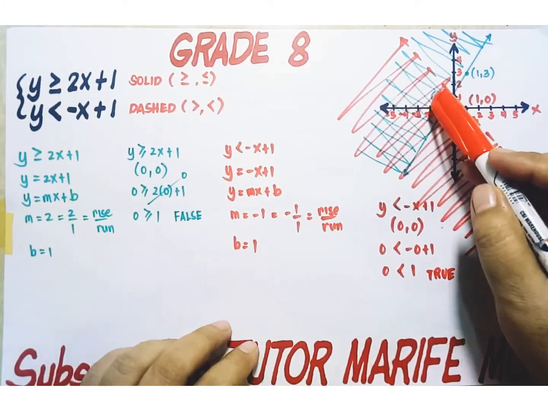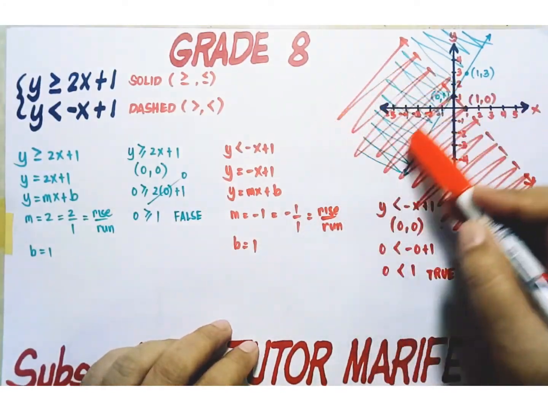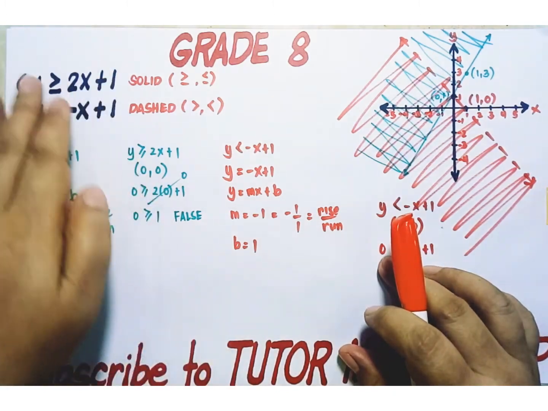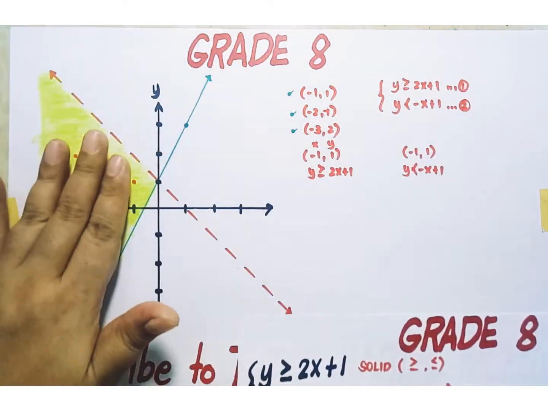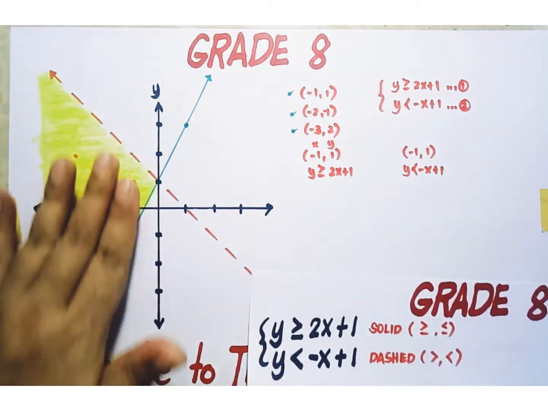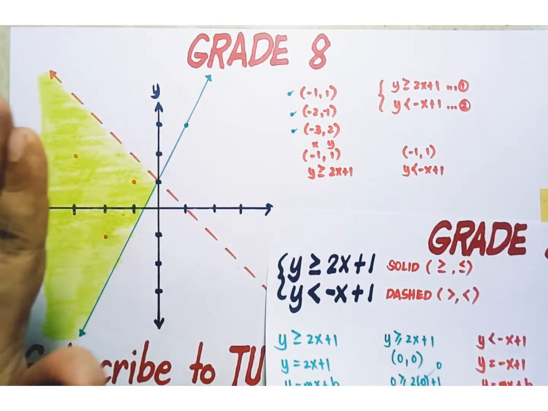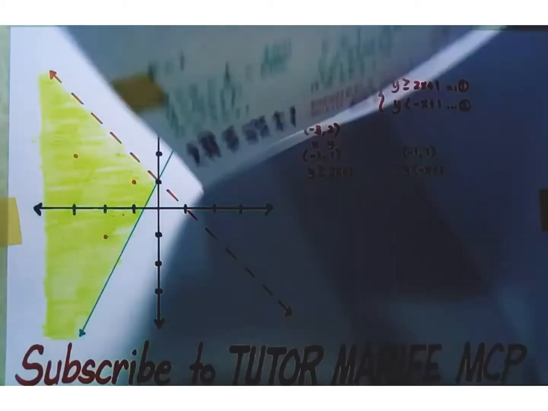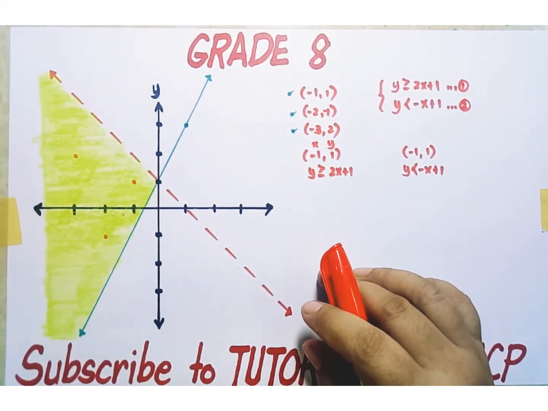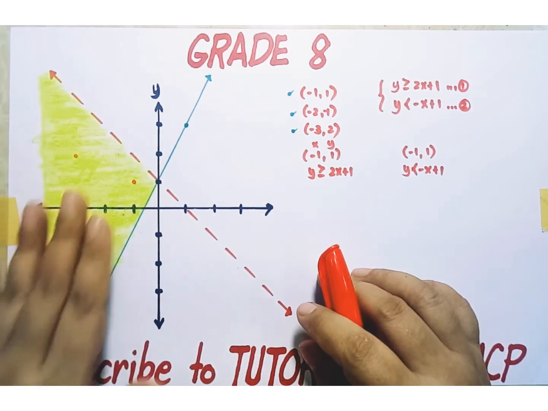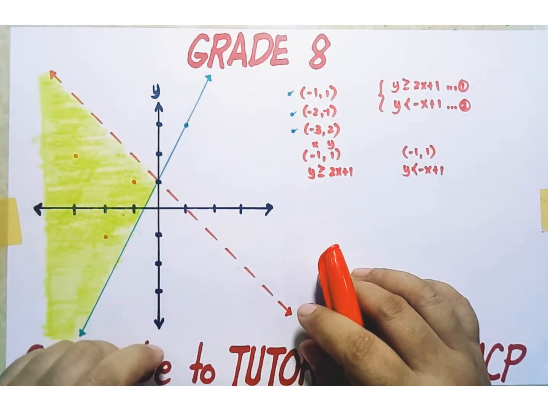This is the intersection region. I have redrawn the solution set of the given system showing the intersection region only. This intersection region represents the solution set of the given system. So our goal is to pick at least 3 points within the intersection region.